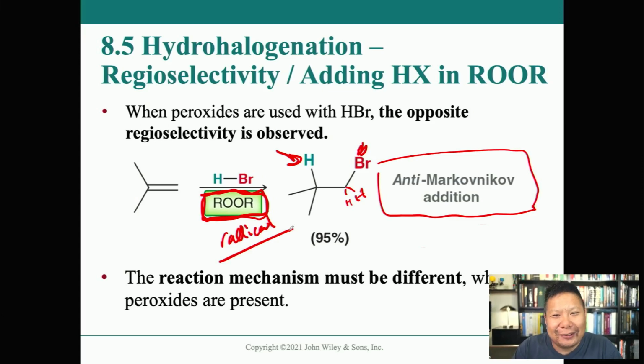Where it's not pairs of electrons moving, but a pair of electrons will split up into one electron each, and then they will move. And don't worry, we'll talk about radical reactions later on in the semester, which is not that much longer away. So look forward to that. Put a pin in that. We're not going to go over the radical reactions now.